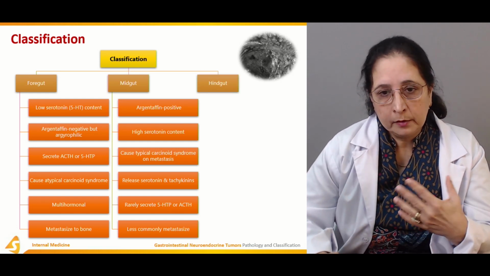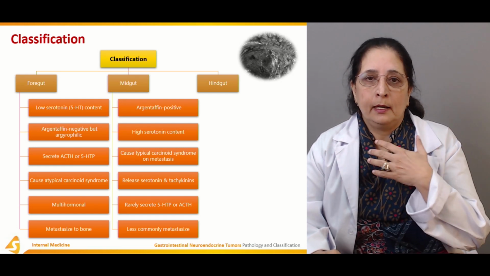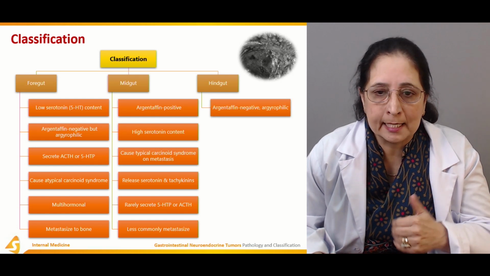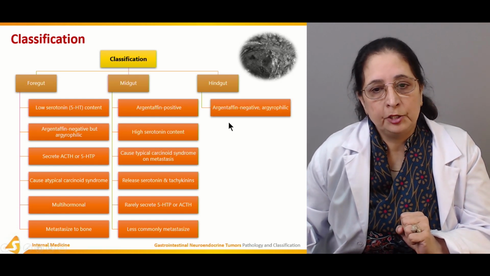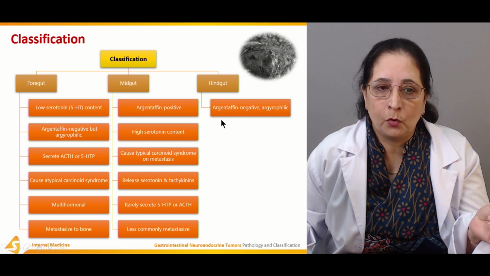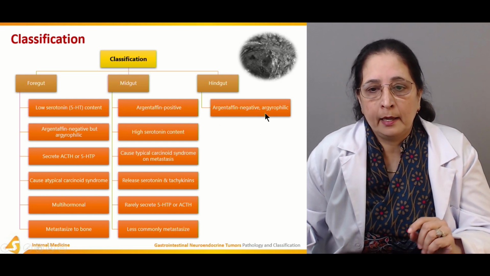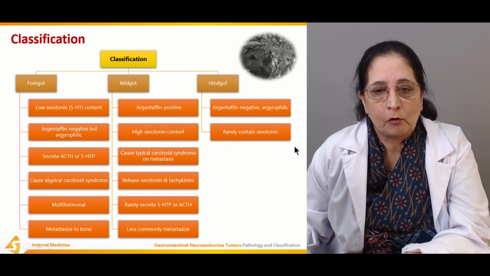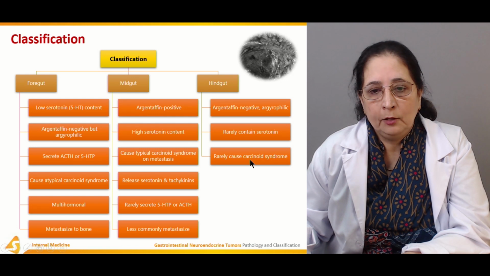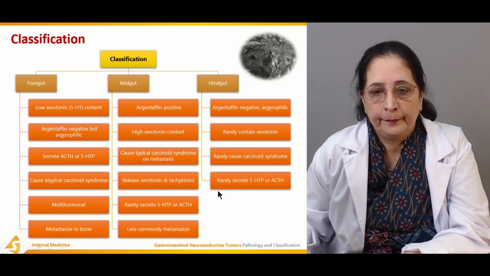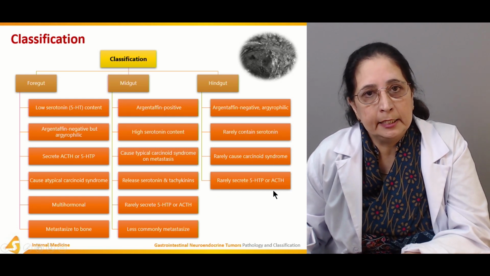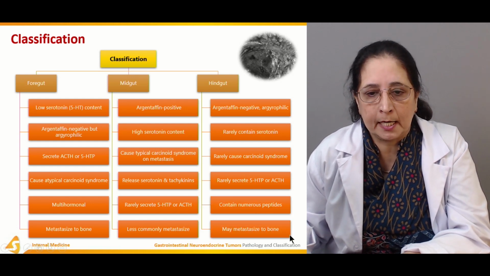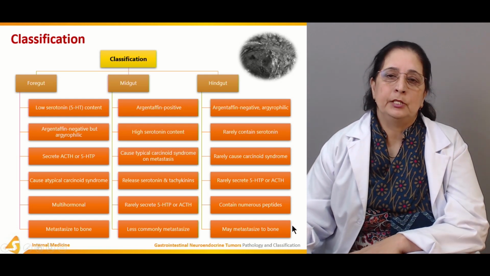Now the hindgut. What are the features if the tumor involves the hindgut? They are again argentaffin negative like the foregut, argyrophilic, rarely contain serotonin, rarely cause carcinoid syndrome, rarely secrete ACTH or 5-hydroxytryptamine, contain numerous peptides, and may metastasize to bone.